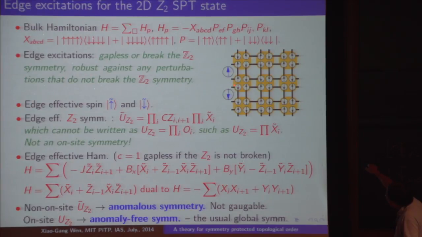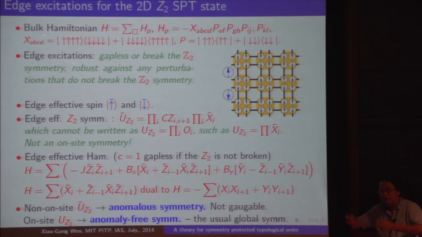Like this two is down, this is up. So this effective spin on the boundary forms the low energy degrees of freedom on the boundary. Then you ask, what is the Hamiltonian, or what is the symmetry on this effective spin on the boundary? Certainly, our whole system has a Z2 symmetry. So the boundary spin should also satisfy some kind of Z2 symmetry. But what is this symmetry?